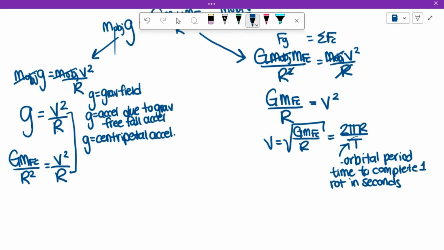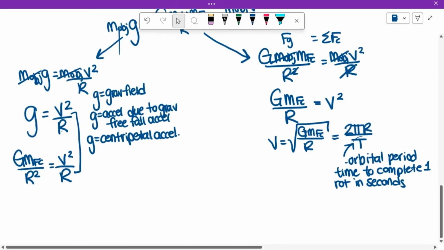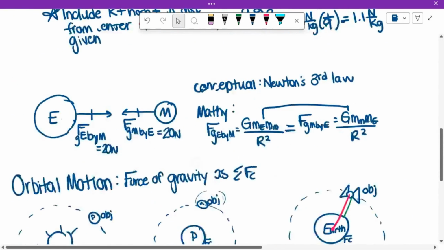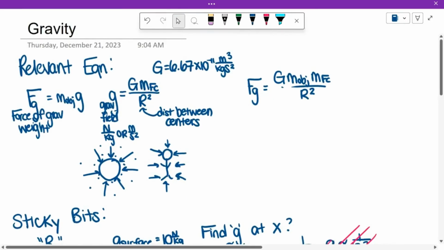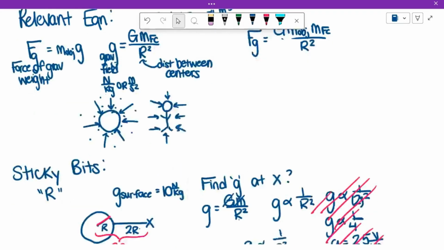All right. So that is just about the end of our video. So to recap, we got our relevant equations. We got our two force of gravity equations, right? Our Fg is mg, which is great if we know the gravitational field, and then our force of gravity equation that has substituted in for the gravitational field.